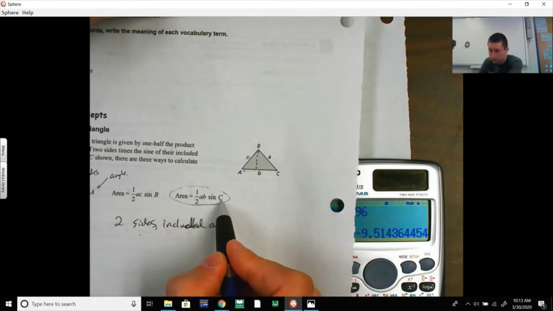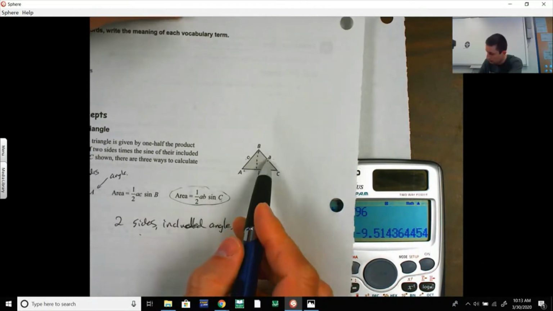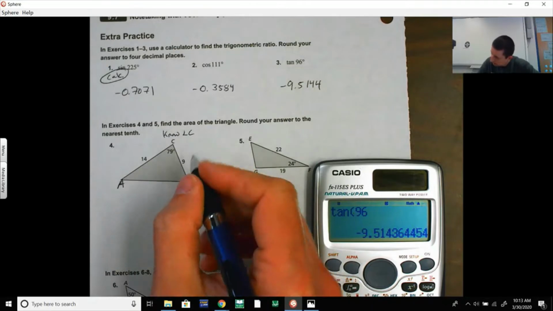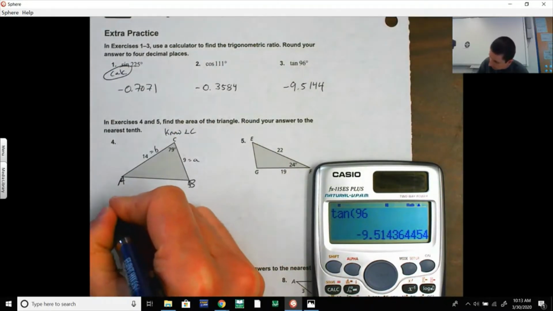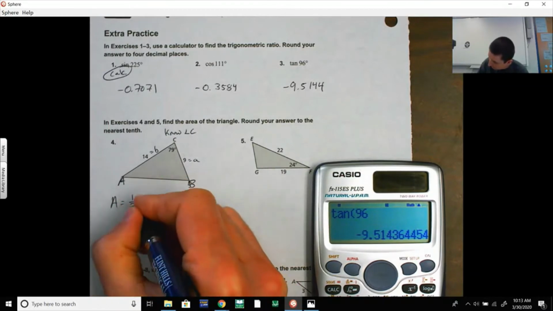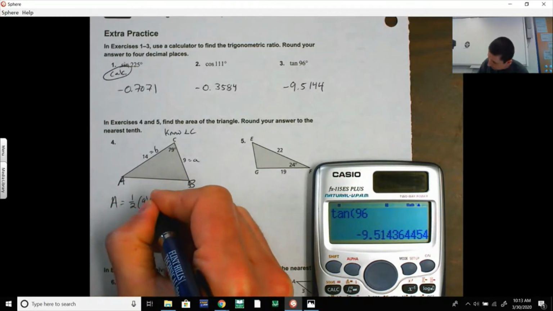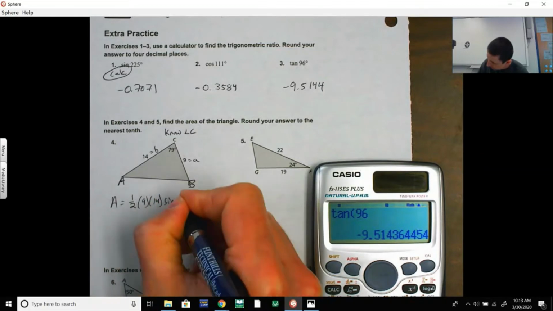I know angle C. A and B are going to be the two on the other side. So this is going to be the A, this is going to be the B. So the area is 1/2 times A times B times the sine of 79.